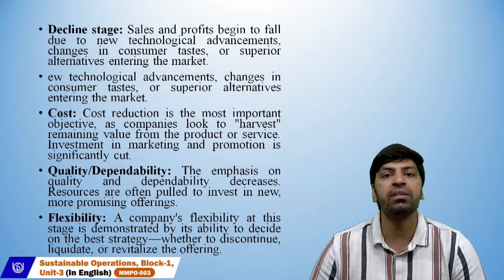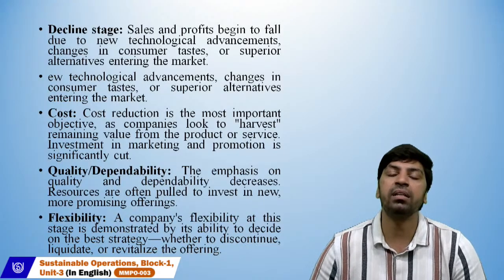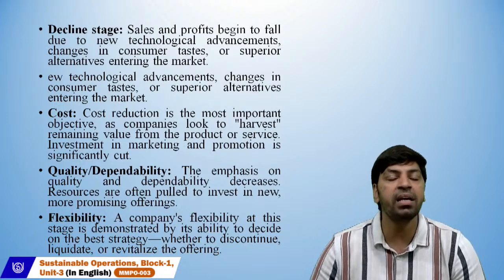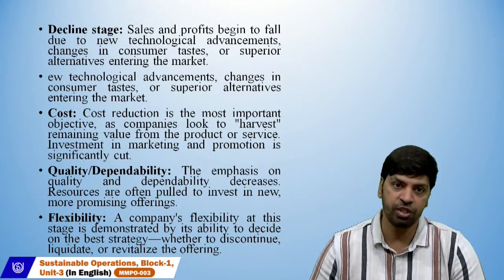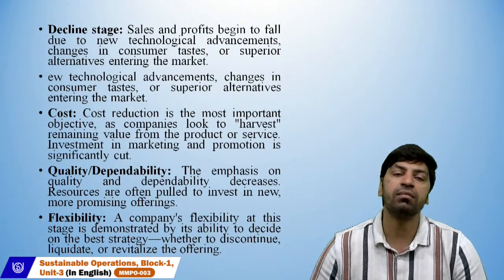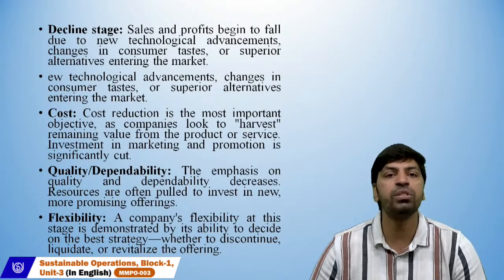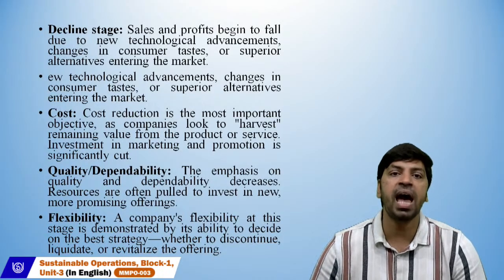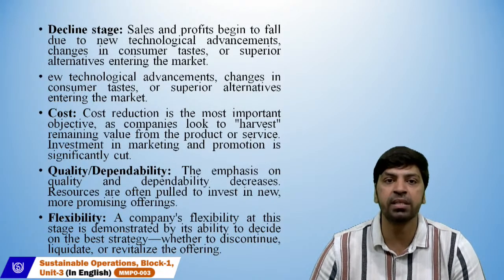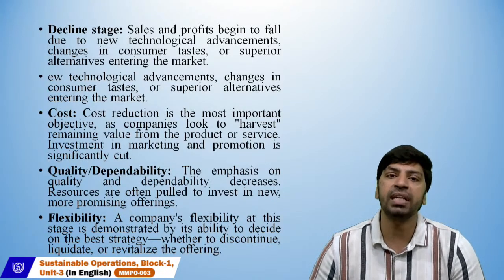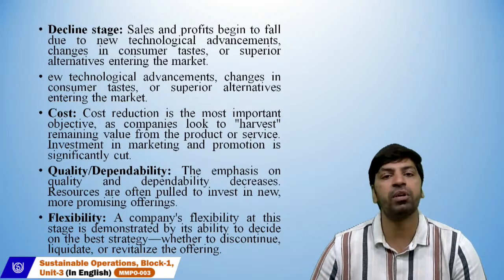So it is very important to understand these five aspects, which ultimately influence the company performance objectives. The first one is cost. Cost reduction is the most important objective, and companies always look to harvest the retaining value from the product or service.